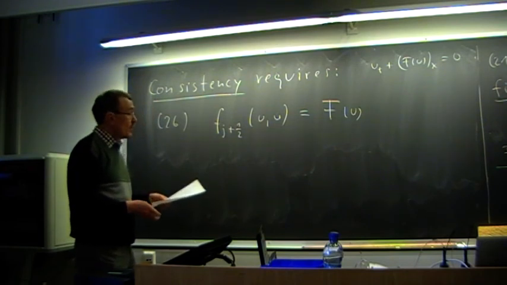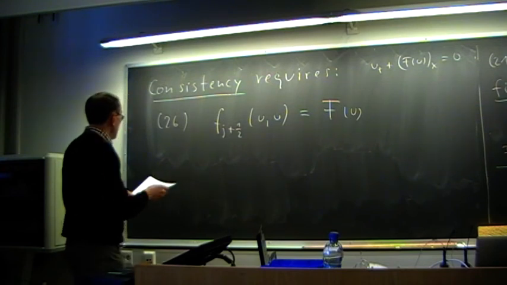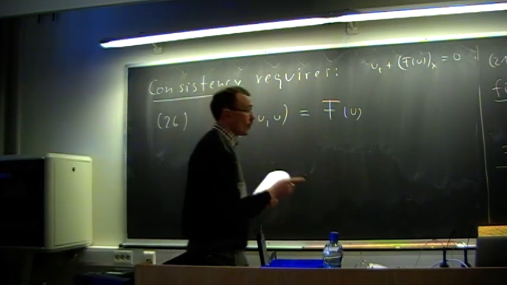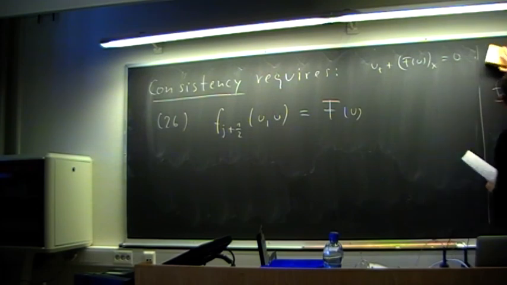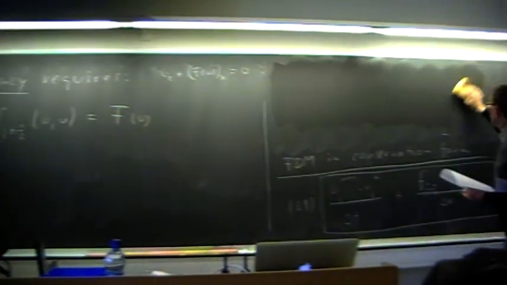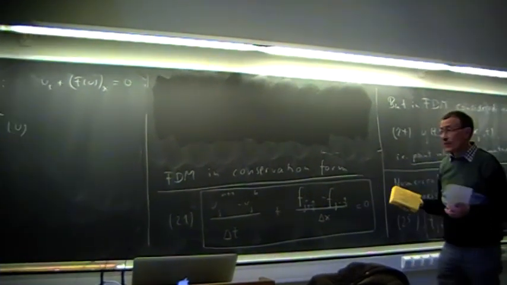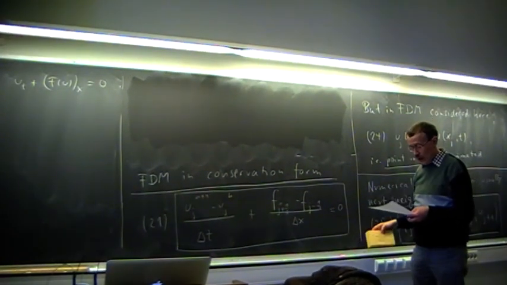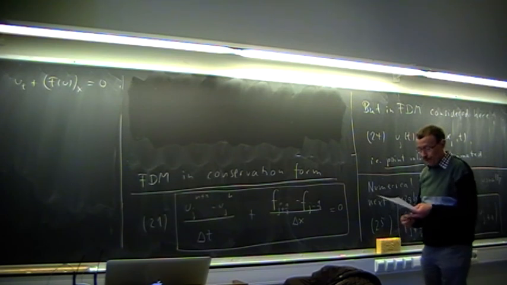Okay, so then we can summarize, and as we shall see in a minute, that this conservation form is actually derived from the conservation property. So that is satisfied by this form, and we get the correct shock speed.